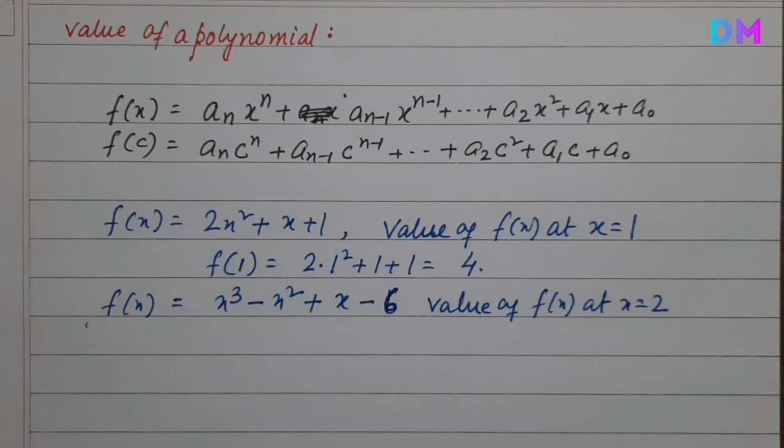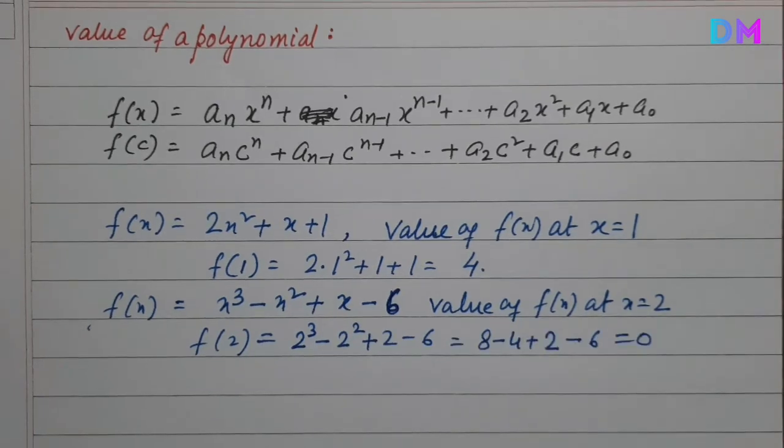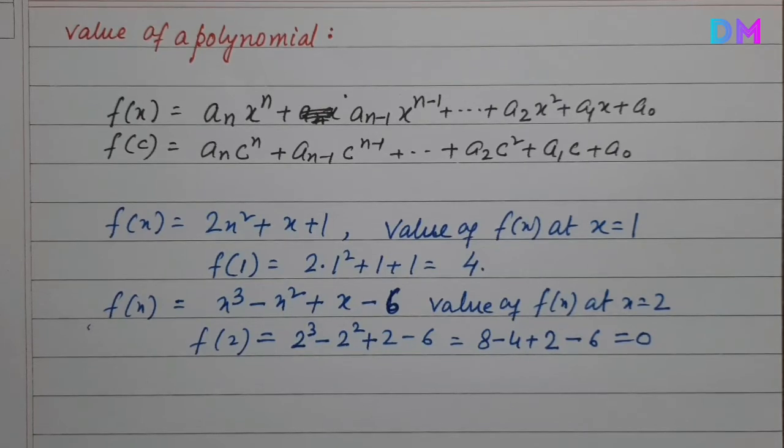Now let us take f(x) equals x cube minus x square plus x minus 6. Let us find the value of f(x) at x equals 2, which is f(2). This equals 2 cube minus 2 square plus 2 minus 6, and the value will be 8 minus 4 plus 2 minus 6, which equals 0.